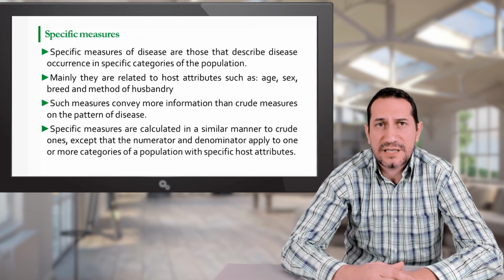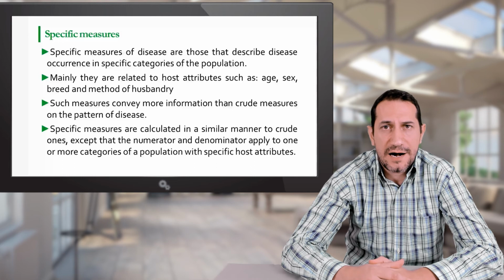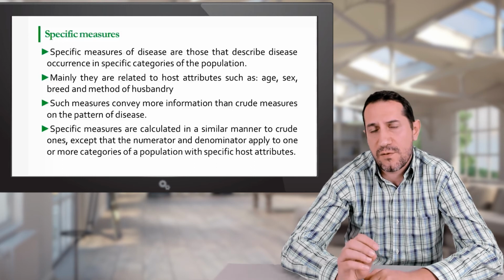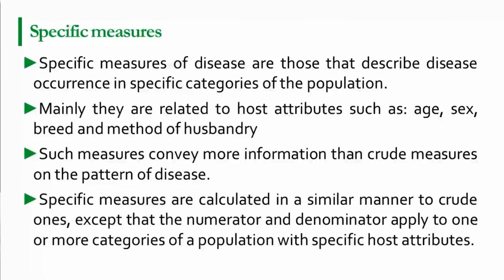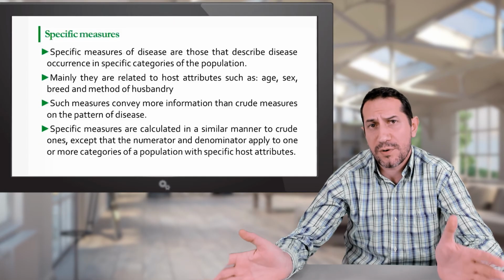Other specific measures, as we mentioned at the beginning of the lecture, are related to stratification of incidence or prevalence by different categories. Therefore, these are more specific and can find or evidence the causes of disease. Like we said for the food-specific attack rate, we stratify by different foods, but there could be diseases that affect males more than females, and so on, or different management systems, let's say for avian influenza in a closed pen or open range, and so on.